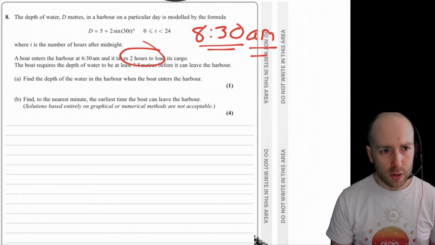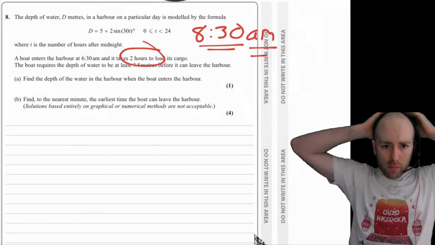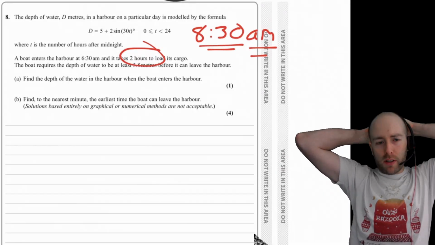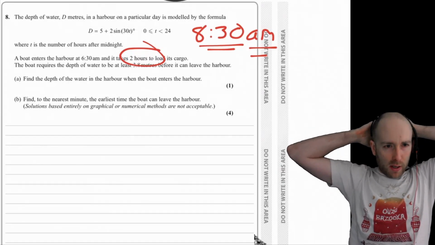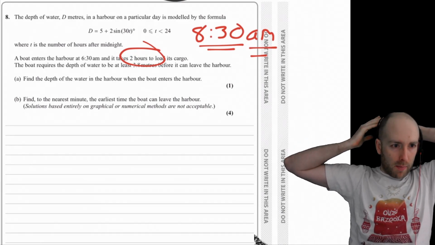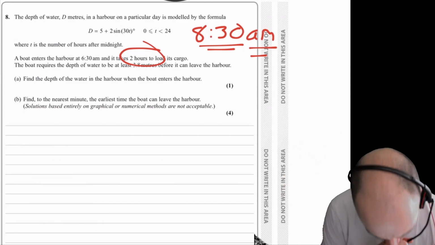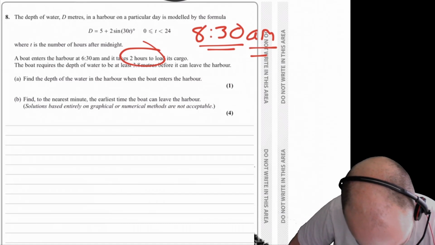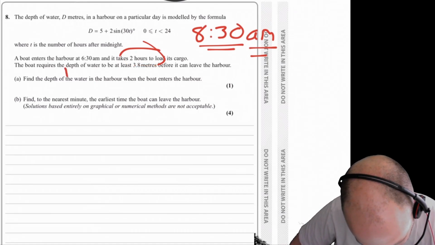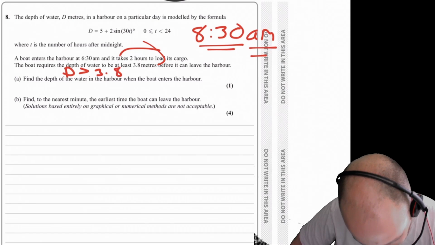For this one then, it takes 2 hours to load its cargo, so it isn't going to be leaving before 8:30. So we need to find the first time after 8:30 a.m. that the depth is at least 3.8. So we want D to be greater than 3.8.